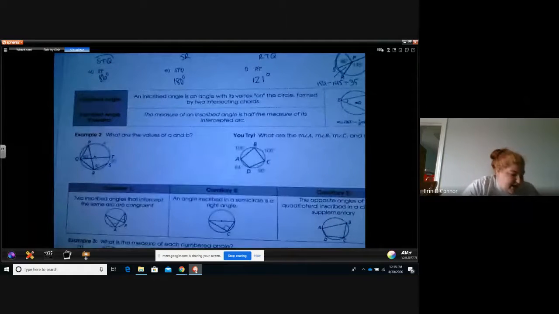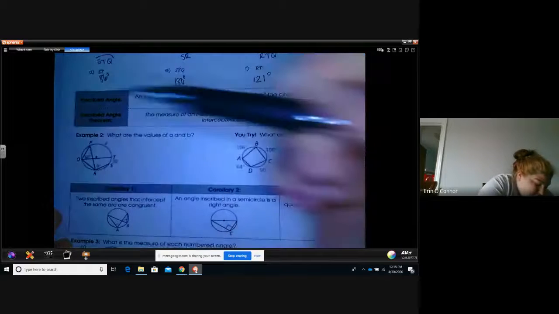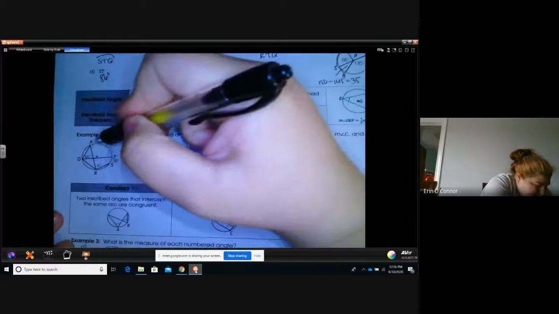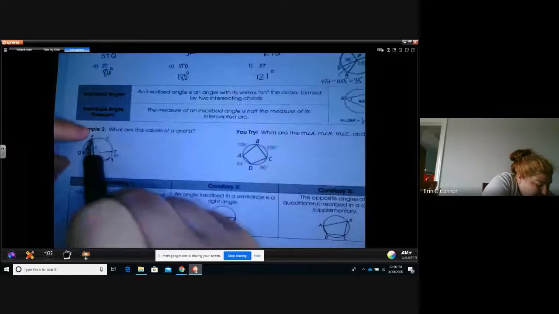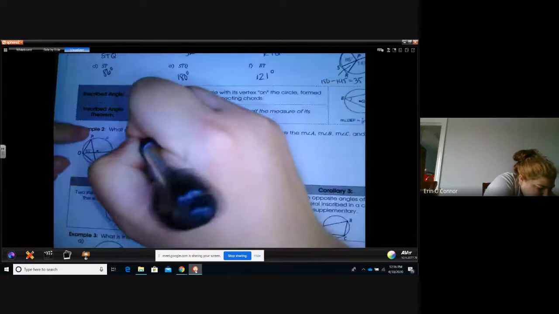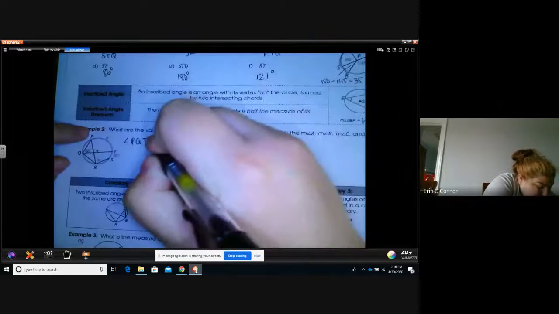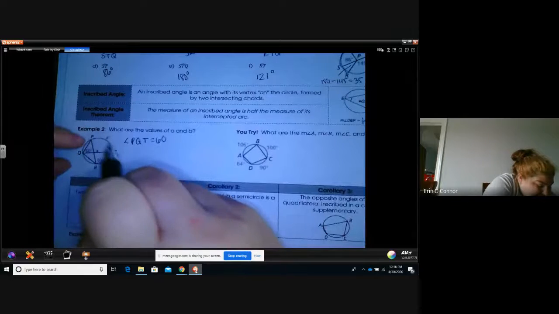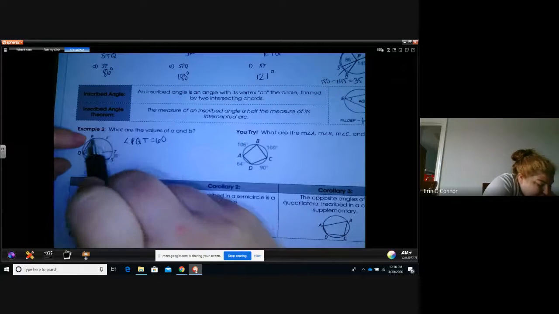What are the values of A and B? Ooh, we got a lot going on here. All right, so first let's find A. If angle PQT equals 60 degrees, then double that would be the arc A. Arc A would be double that.